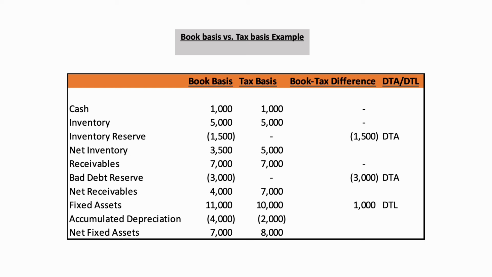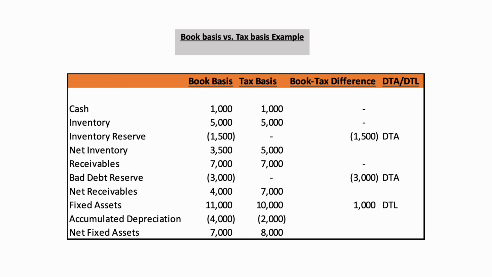Inventory may have some differences, because you may record some inventory reserve. The accounting or the finance department may believe that the closing stock may not be of the same value in future years as it's being valued now, so they may put up a reserve against it, but that won't be allowed as a deduction on your tax return.